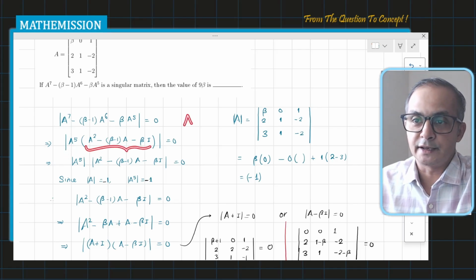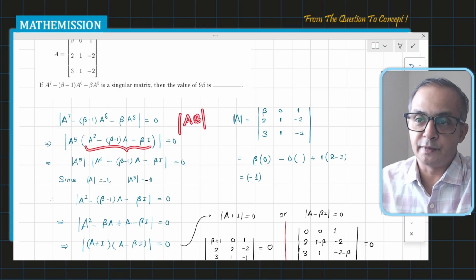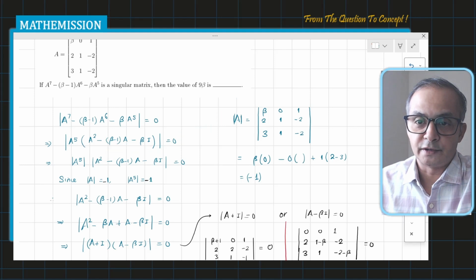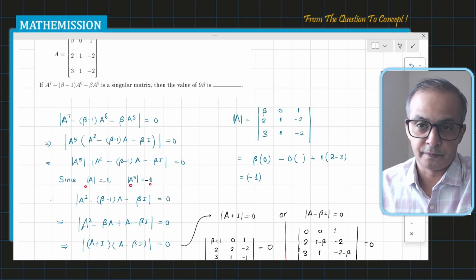It means I can say that determinant of AB is equal to determinant of A into determinant of B. So I'm using this fact. I'm writing determinant of A to the power 5 into determinant of A square minus beta minus 1 A minus beta I. Now since determinant of A is already negative 1, I can use this fact here, and so determinant of A to the power 5 is also negative 1.